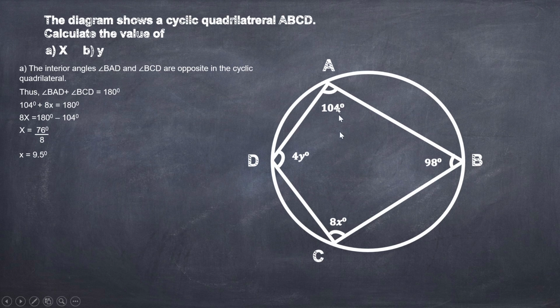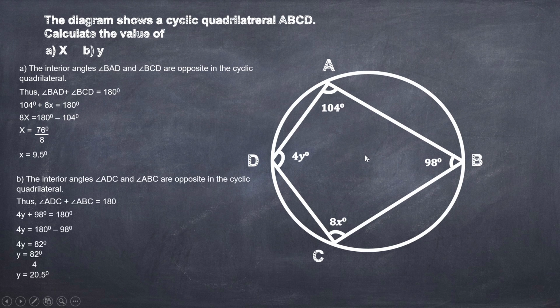Therefore, these two angles total 180 degrees. Therefore, to solve x, bring the constant to the right side, then x is equal to 9.5 degrees. Alright, so we move to y.